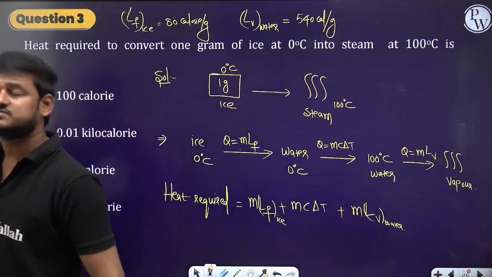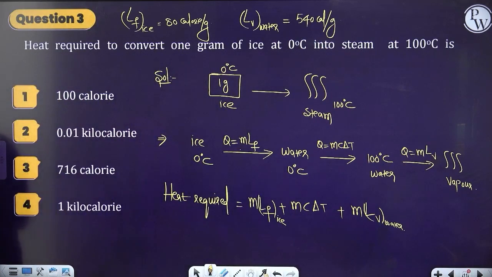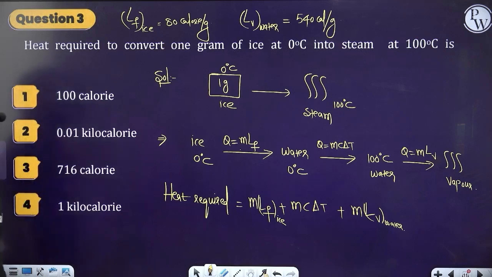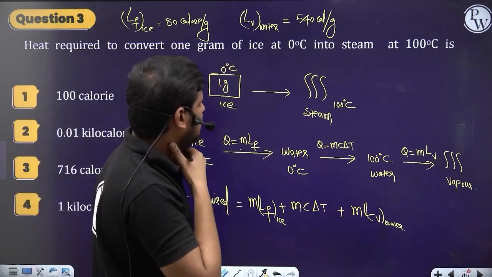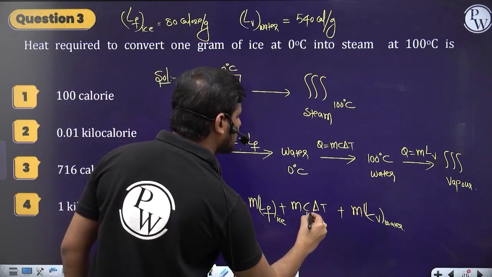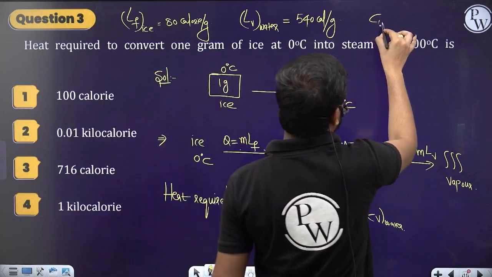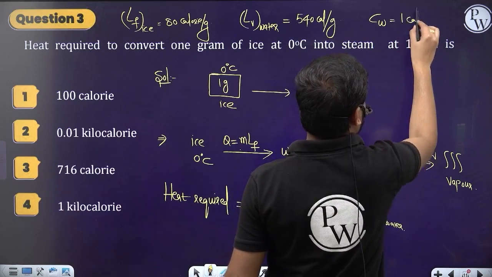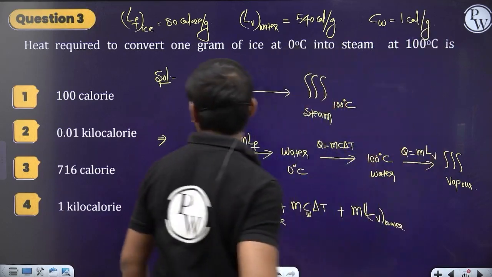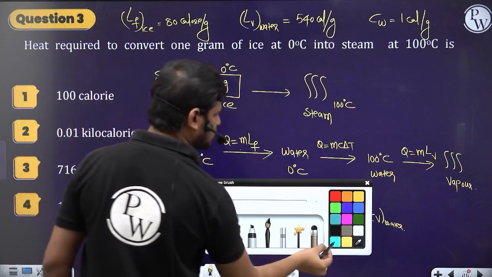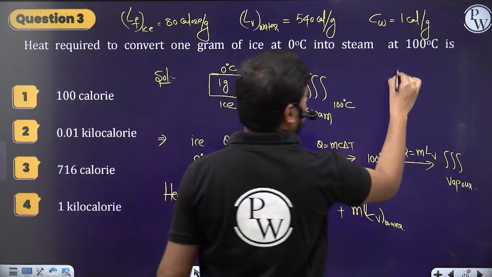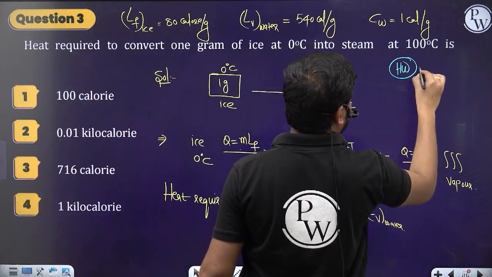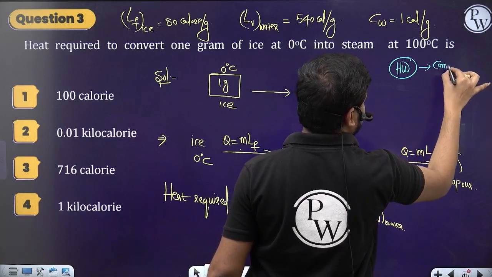Done. Can you substitute and get the answer? Done. Clear? This is C of the water, guys. So what do you take C of the water? 1 calorie per gram you can take. Okay, so take this as a homework. Do the calculations and comment your answer.